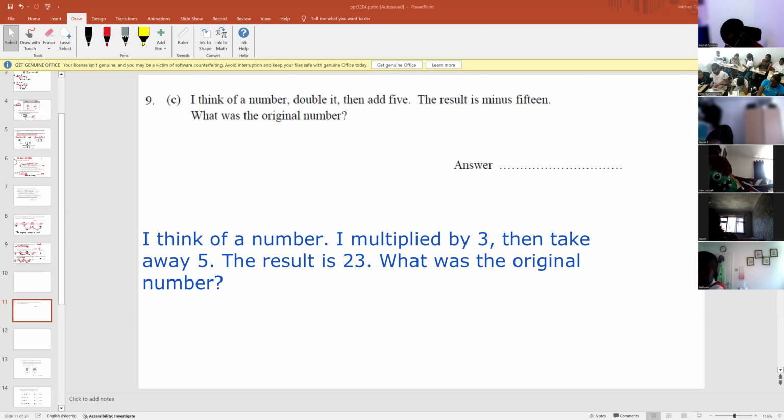I'm going to bring the decimals. I thought we were making this one.